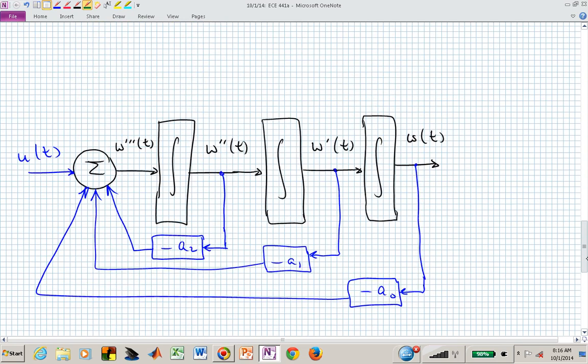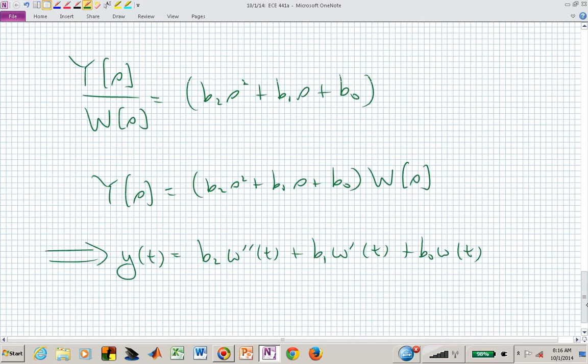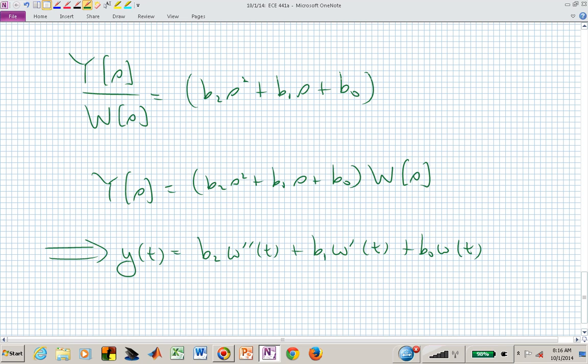If I go back to this block diagram, there's no output there, is there? Yet. But if I combine those w's and their derivatives with the appropriate coefficients b0, b1, and b sub 2, I can build up my output response, y(t), in my all-integrator block diagram.